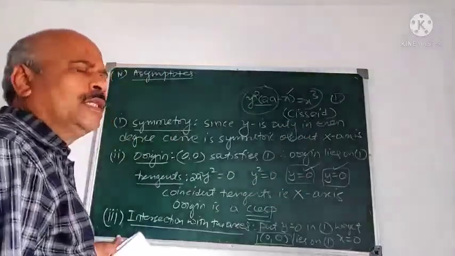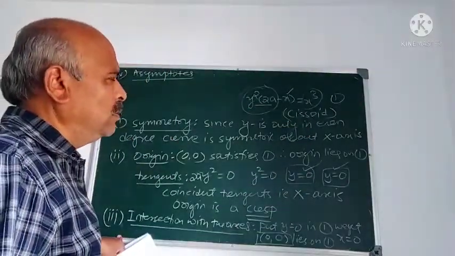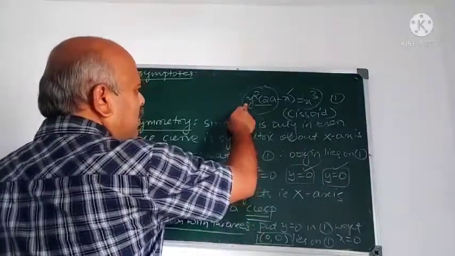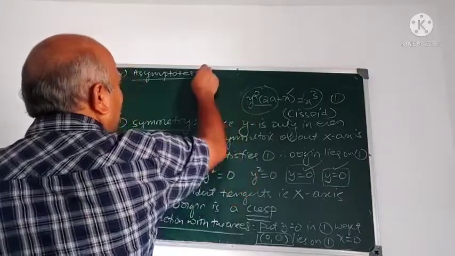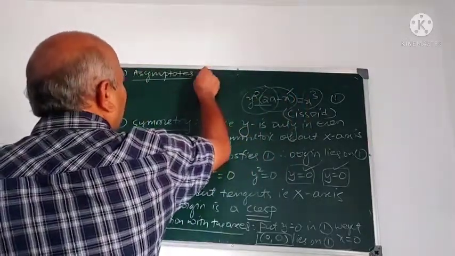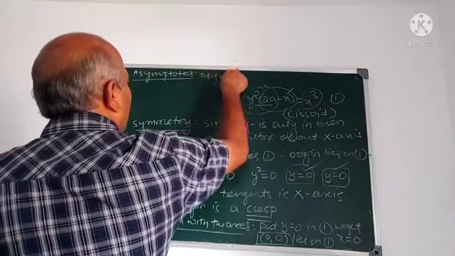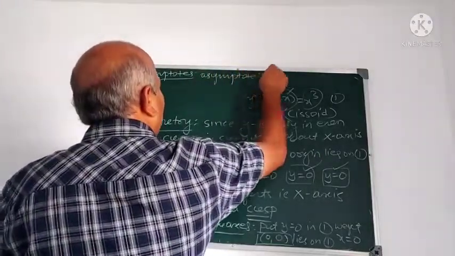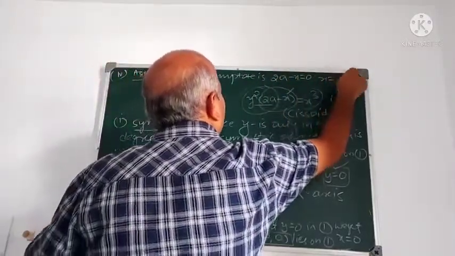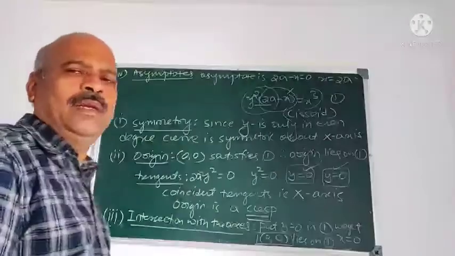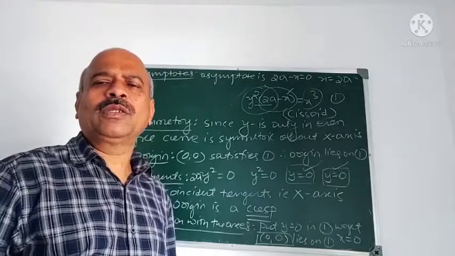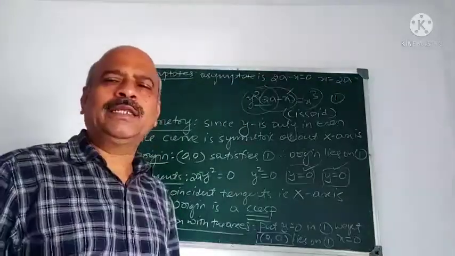So there is no asymptote parallel to the x axis. But what is the highest degree term in y? y square. The coefficient of y square is 2a minus x. The asymptote is 2a minus x equal to 0, or x is equal to 2a. Understand this one problem clearly, because all the problems are then the same.